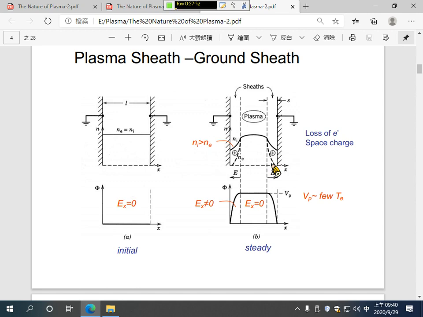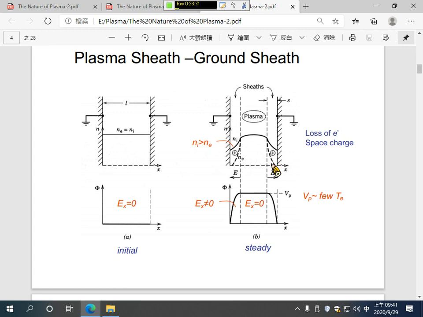Such an electrical field will pull the electrons back. So it will decelerate the electrons and accelerate ions in this region. And the potential will look this way. So at the center of the plasma, the potential becomes positive compared to the ground. At the ground, the potential is 0 volt.